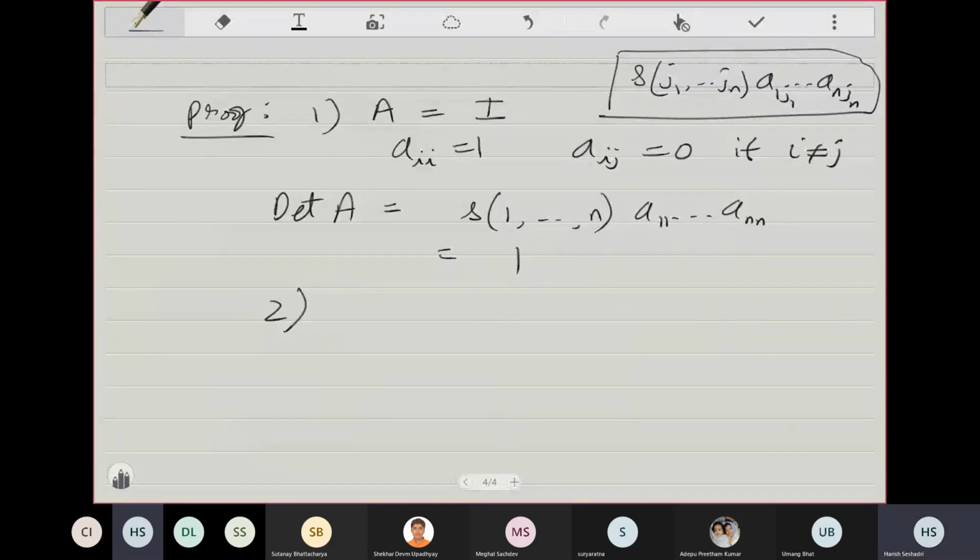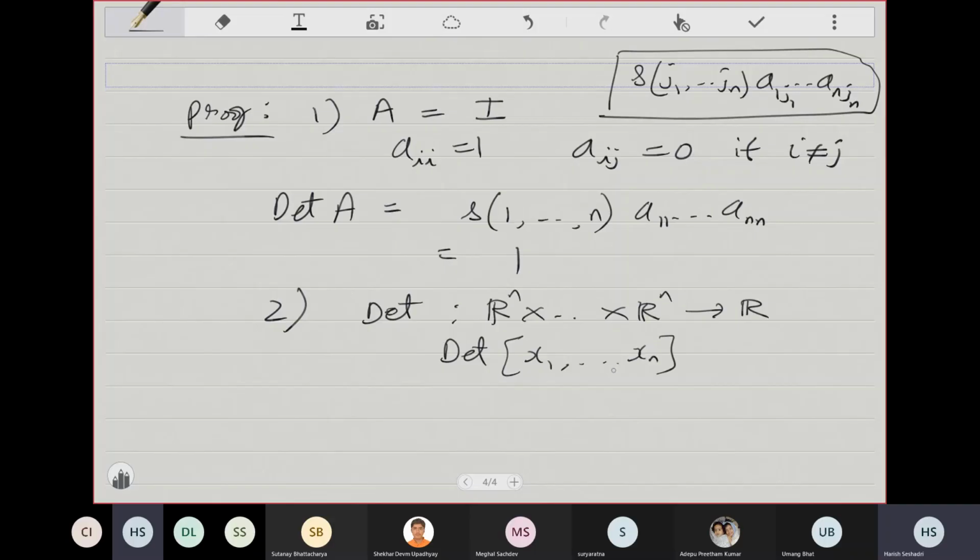Then multilinearity. So what does multilinearity mean? What it means is just that as a function, this is the way we think about it, determinant of this.